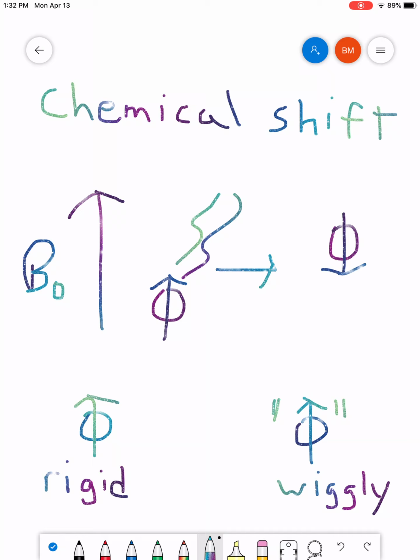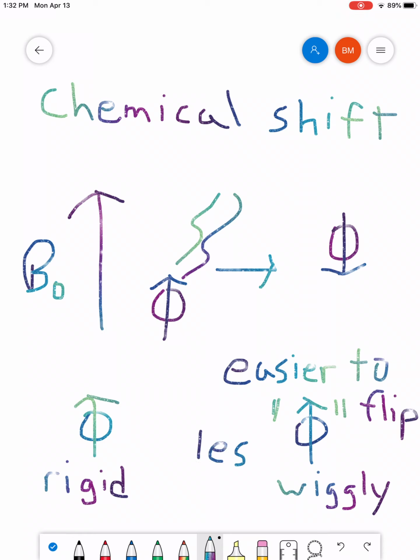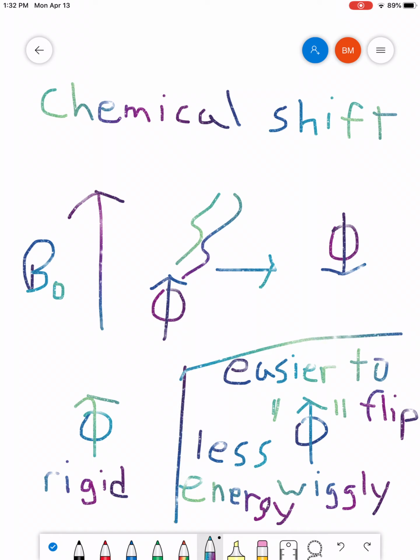This analogy works very, very well for talking about nuclei and their tendency to spin flip, right? Wiggly, quote-unquote, nuclei are easier to spin flip. And because they're easier to spin flip, they require lower energy radio waves. All right.